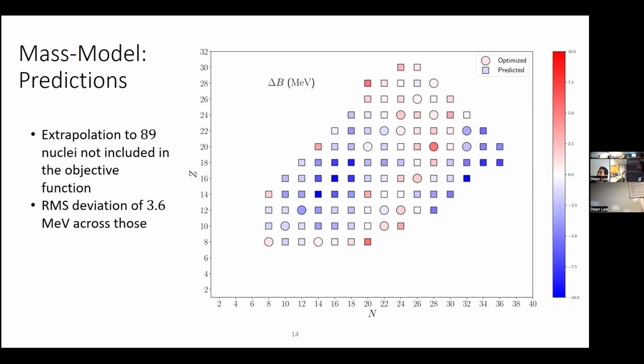All the nuclei that we just looked at in the previous slide are the circular plot markers, and the results for extrapolation are the square plot markers. And we see that most of the region here is pretty good, and the root mean square deviation is about 3.6 MeV here.